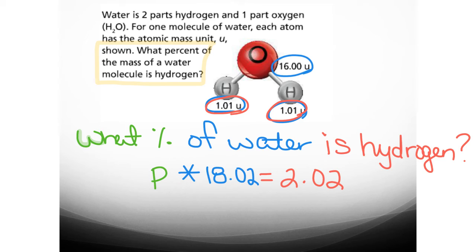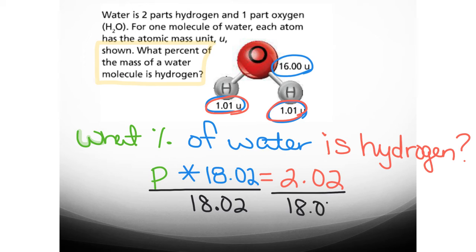Now we have our equation. If you don't like the equation, stick it into your proportion. That's great too. And to solve this equation, we are going to divide both sides by 18.02. And now you're like, Miss Long, I just got 0.112. I'm done. No, you're not.